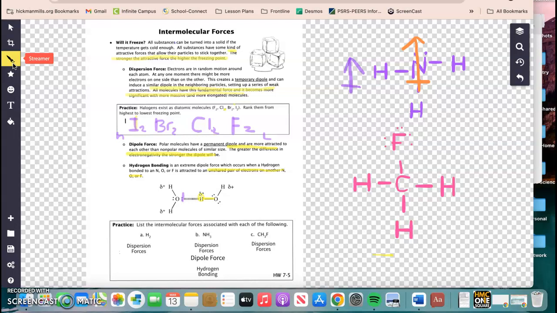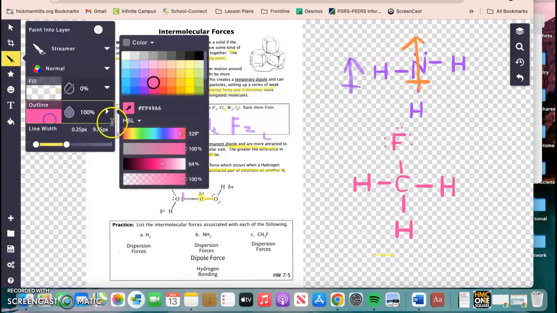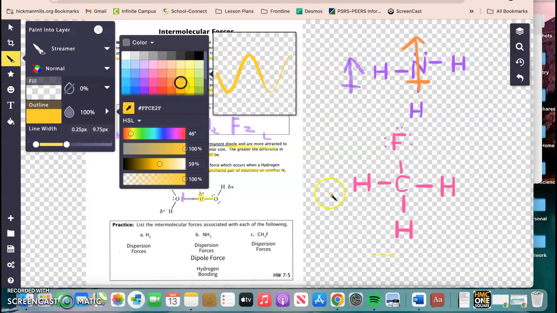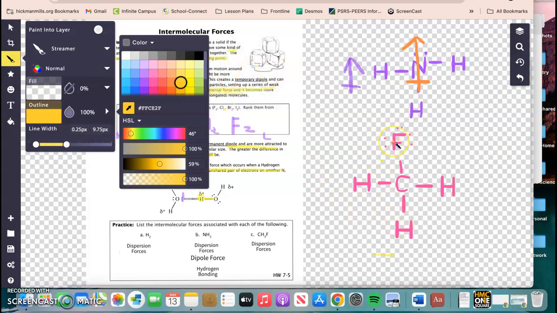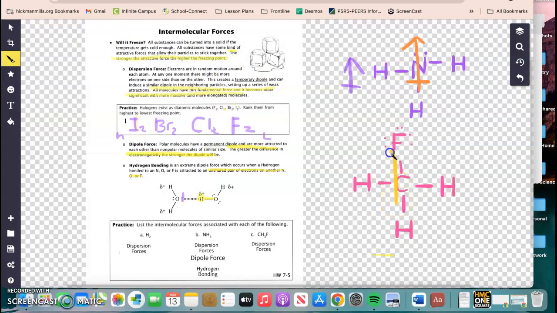We do not have a lone pair, but we do have asymmetry, right? So this fluorine is more electronegative than this carbon, so we're going to have an overall dipole force that looks something like this. So yes, our molecule has a dipole force. Okay, so I went ahead and added that there.